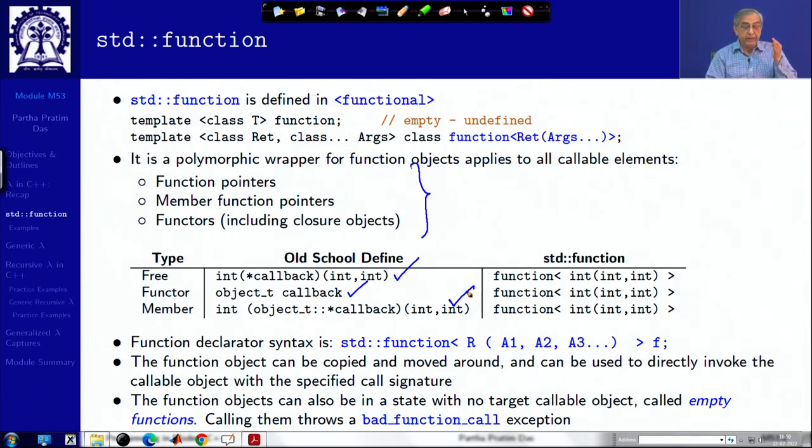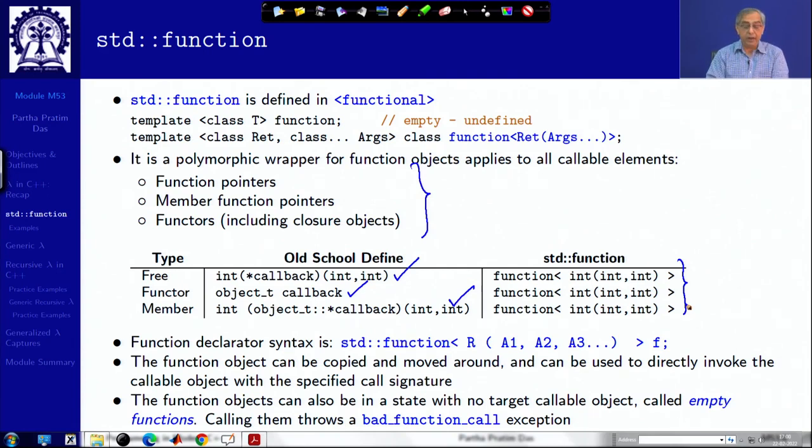But the syntax and the details of how we write a function pointer, a functor object or a member function pointer all vary widely. Whereas, using std::function, we can define their type in a very uniform, identical syntax and semantics together, right.